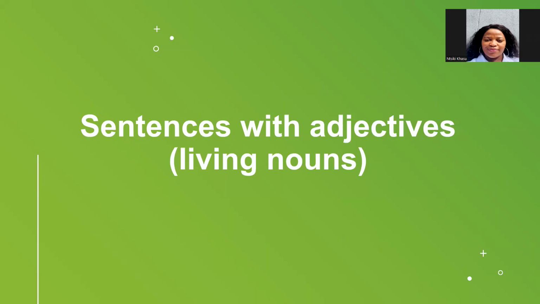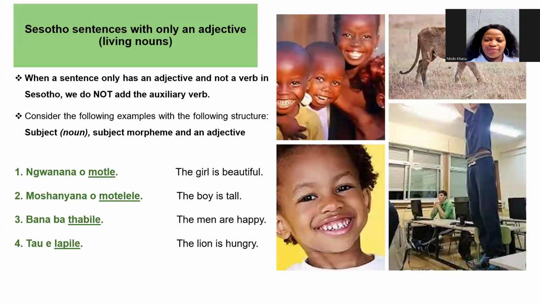Now let's look at examples of sentences that have living nouns with adjectives. If we see a sentence that has only an adjective and not a verb, we do not add the auxiliary verb in Sesotho, because there is no action or doing word.